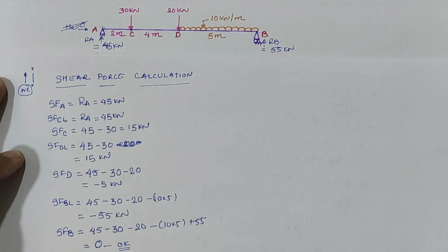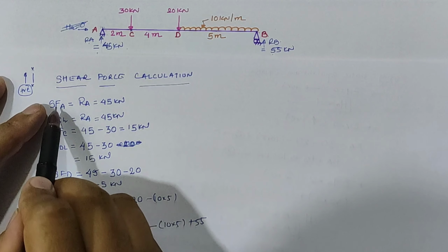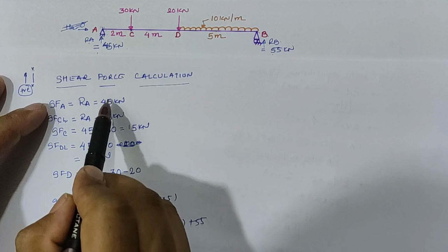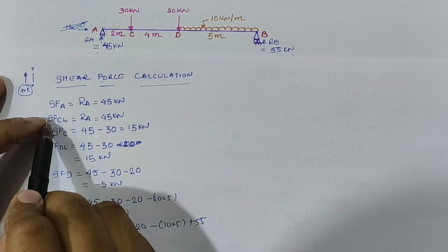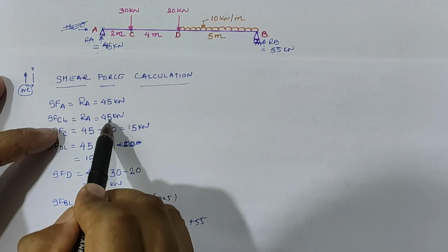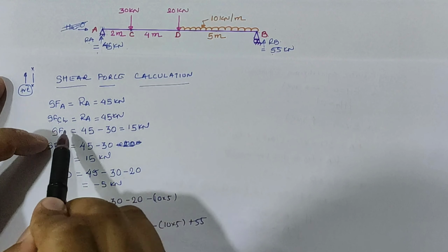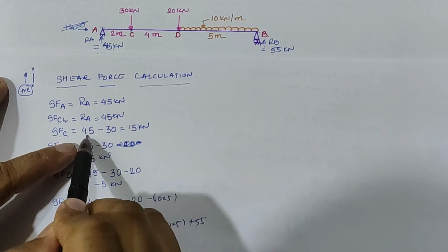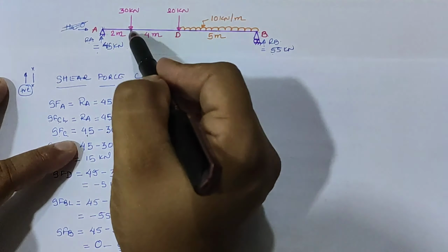Now observing all the values, we can say that at the starting point the value is 45. At the next point from left to right the value is repeating. 45 is repeating. Again for SF at C, 45 is the repeating value, and minus 30 is the new load.